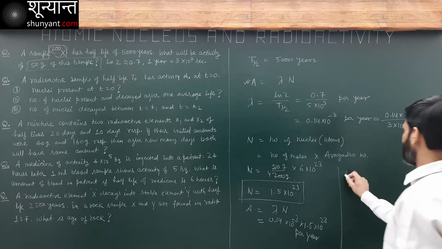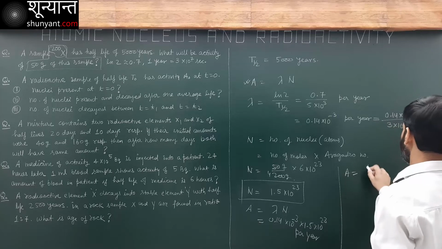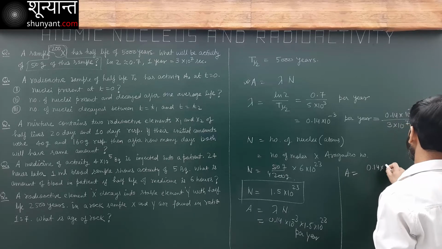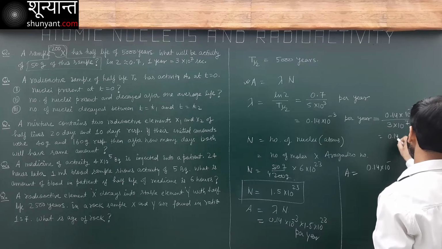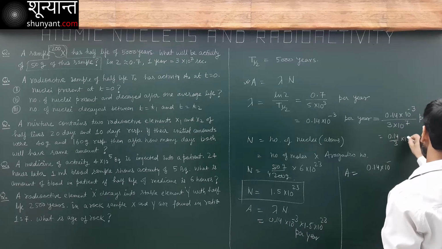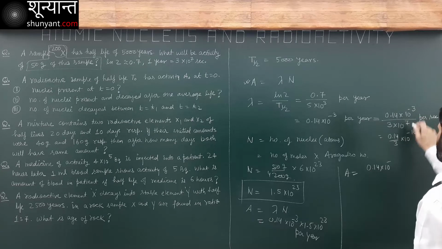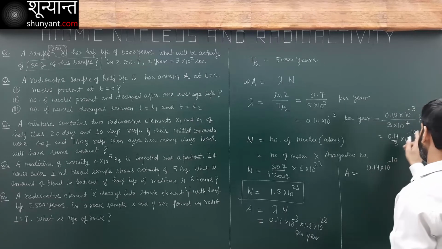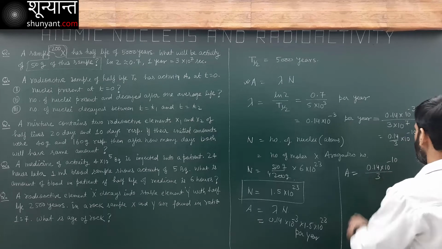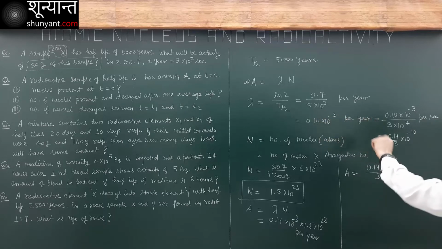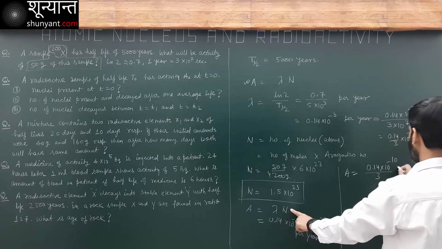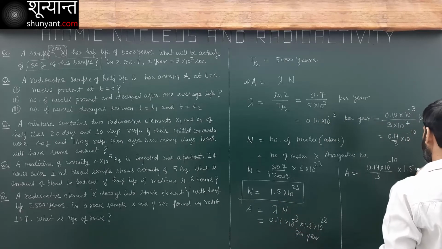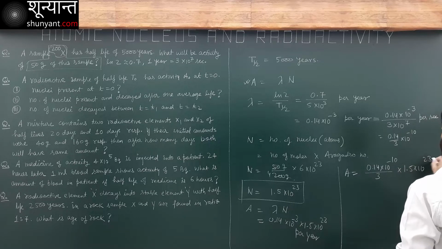Then my activity will be equal to 0.14 over 3 into 10 power minus 10, this is lambda, the decay constant, and then N is 1.5 into 10 power 23.